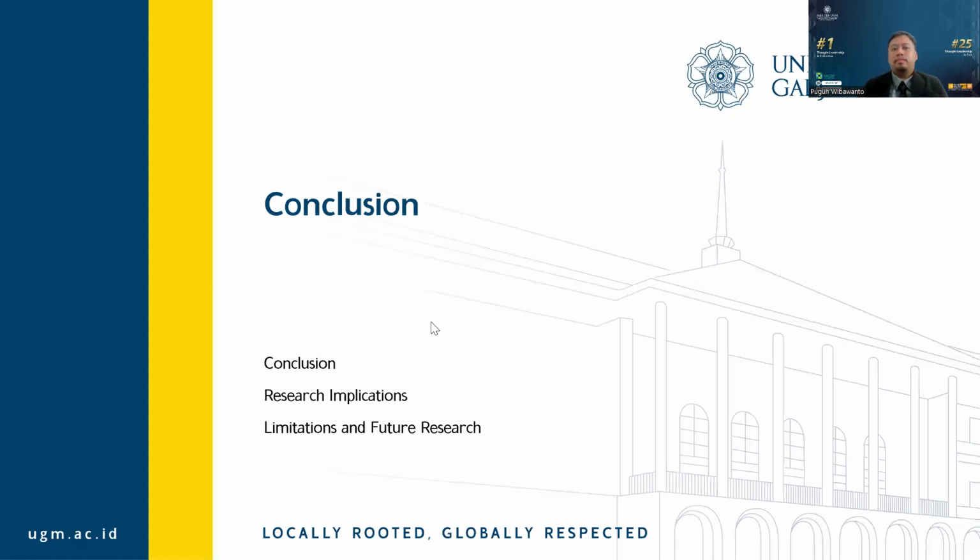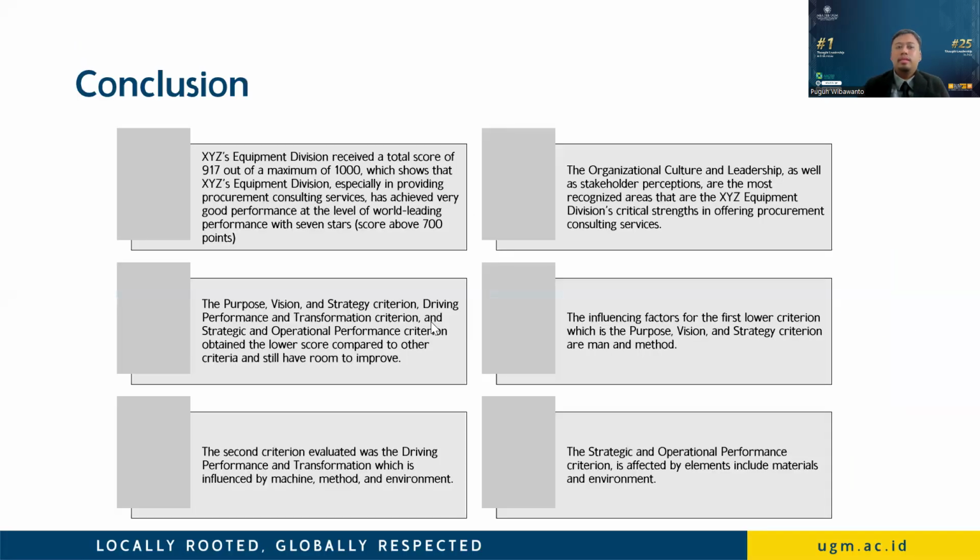Okay, the last part is the conclusion, which will first explain the conclusion of the research. The conclusion of this research is that XYZ's equipment division received a total score of 917 out of a maximum of 1,000, which shows that this organization, especially in providing procurement consulting services for goods or services, has achieved very good performance at the level of world-leading performance with 7 stars.